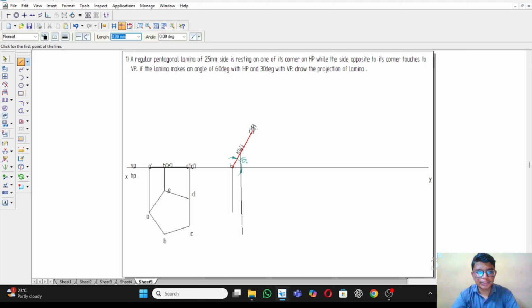Finally the C dash and D dash. This completes our projection.